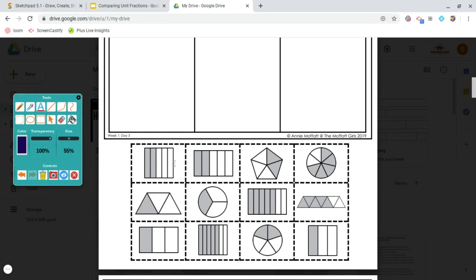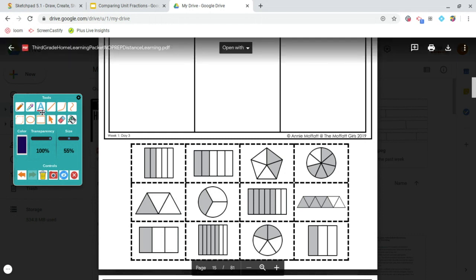So 5 total. That would be my bottom number. And then how many do I have shaded? Well, there's 1, 2. So I have 2 over 5. And so this one would go under the 2/5 column.